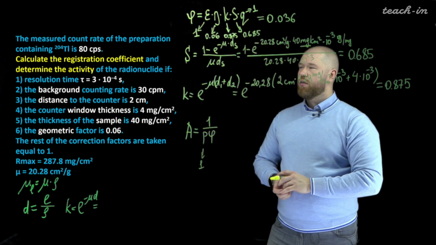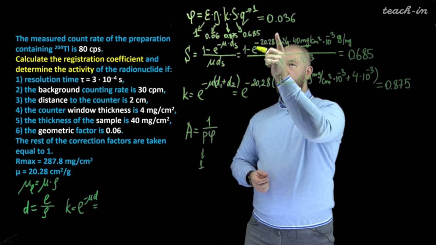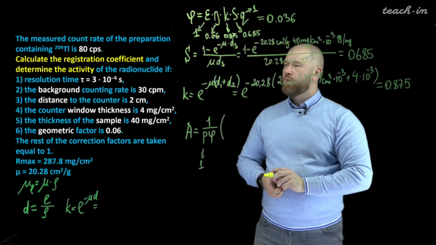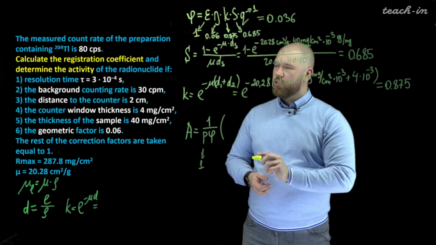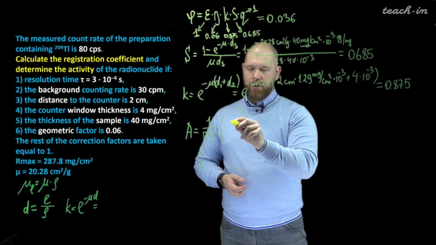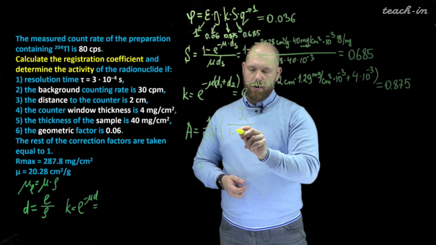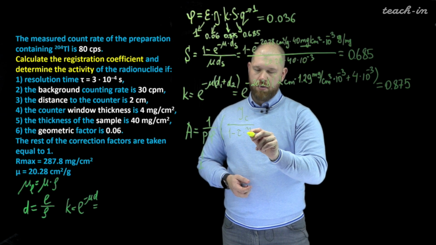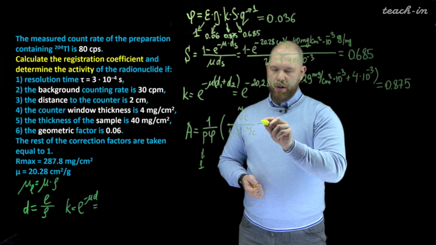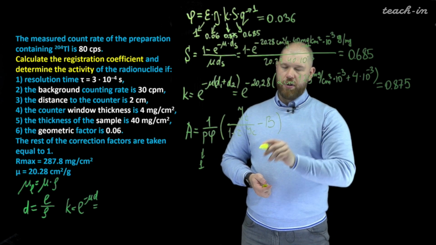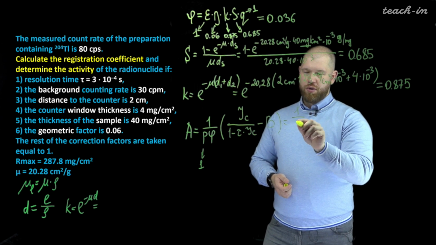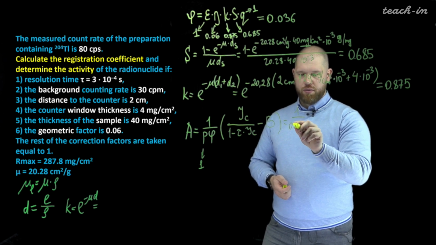This registration coefficient we already calculated, but we have to use also the correction for resolution time. So it is our measured count rate divided by this expression. And we also have to subtract the background count rate. So let's put all the numbers in this equation.